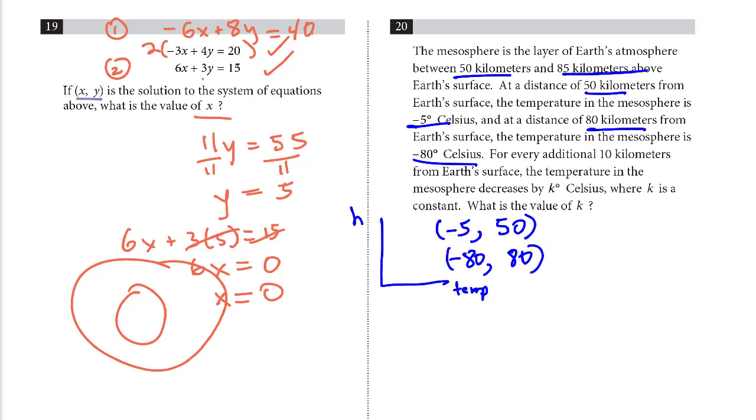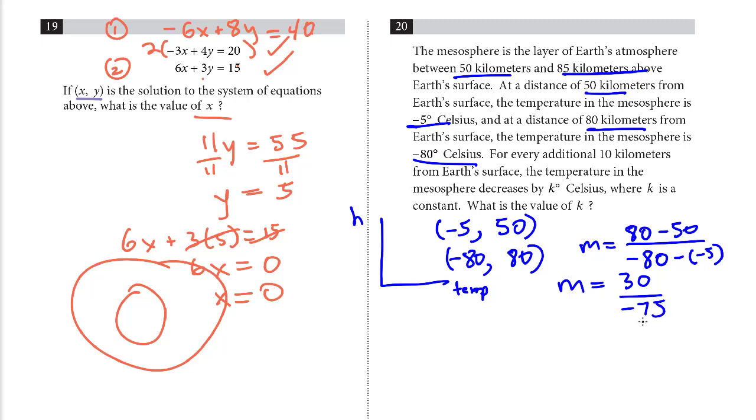Okay? So between these 2 points, I can set up a linear equation. I can say m equals the change in y, 80 minus 50, divided by the change in x, which is minus 80 minus 5. So the slope works out to 30 divided by minus 80 plus 5, which is minus 75.